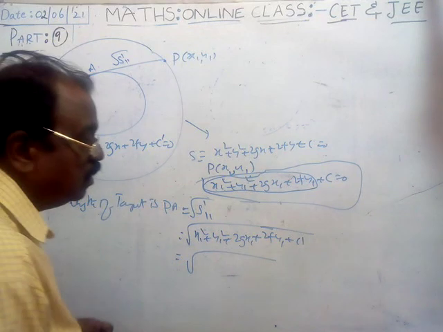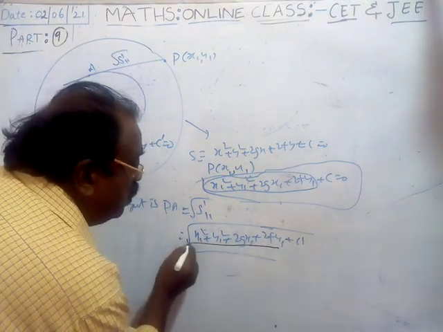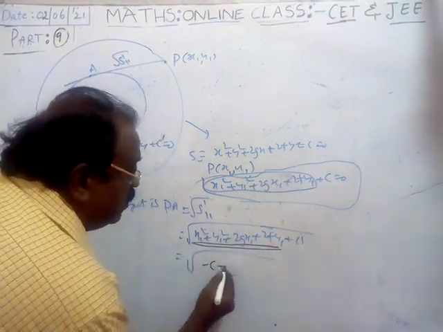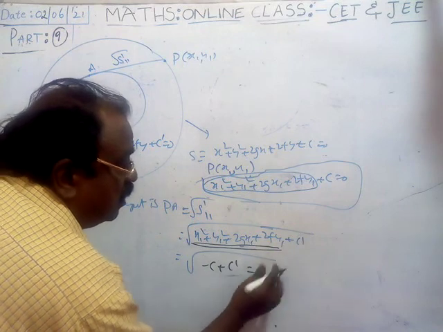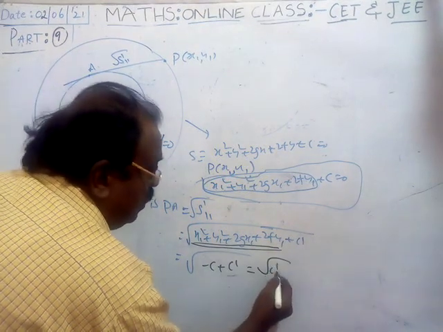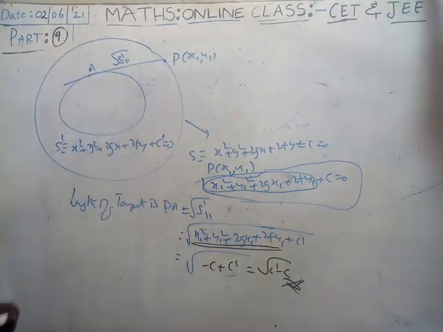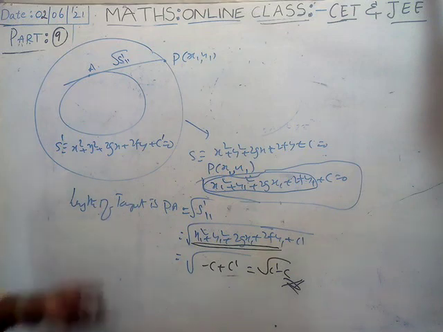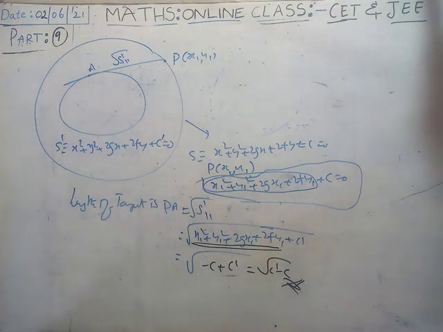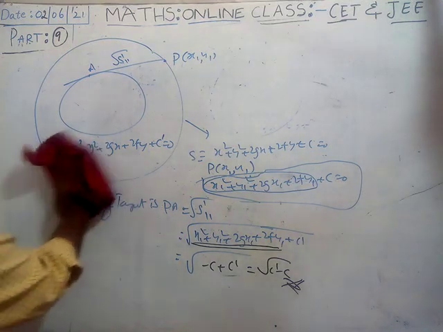Plus c dash is there. Very clearly it is c dash minus c. So the length of tangent of any point on one circle to the other circle is like this.